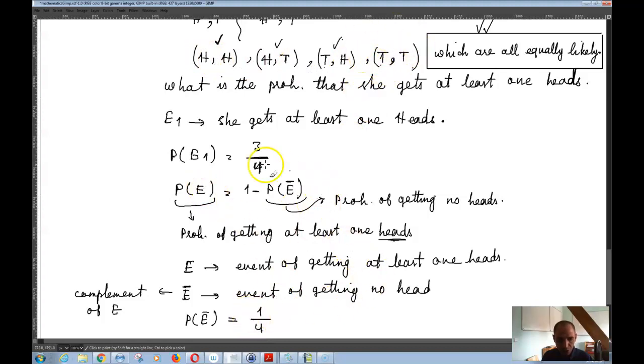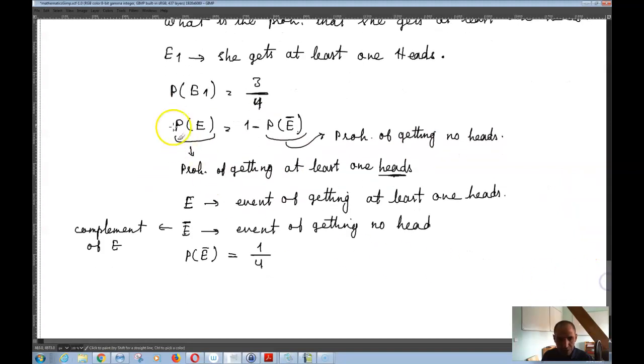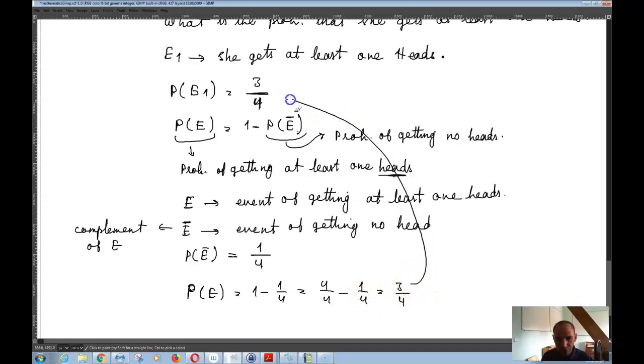Then using this relationship, I can say P of E is equal to 1 minus 1/4, which is the same thing as 4/4 minus 1/4, which is the same thing as 3/4, which is what we have calculated here.